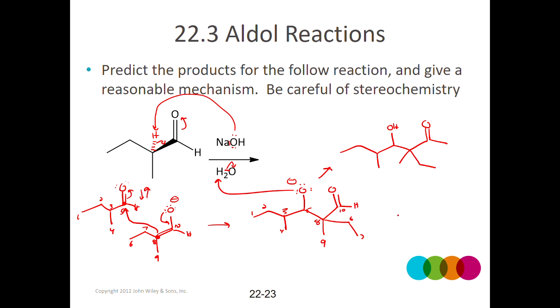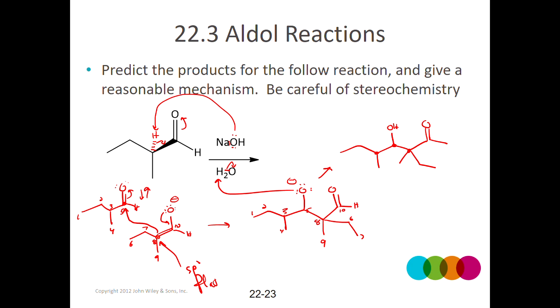What about the stereochemistry? Because I've got 3 chiral centers formed now. So what's happening here is when this OH minus picks up this proton and forms the enolate, I'm forming an sp2 hybridized carbon that's flat. So this carbon has lost all of its stereochemical information, and when it attacks the carbonyl, it can do so from the top or from the bottom.